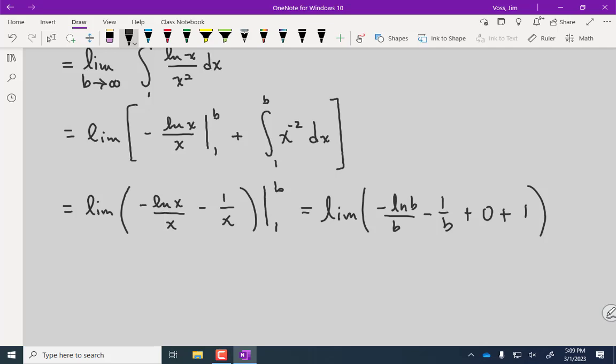Plug in the b, and you get this whole thing with the x's replaced by a b. And then remember, you're subtracting the antiderivative at 1. So subtracting means adding, in this case. And so then plugging in 1 here, natural log of 1 is 0. Plug in 1 here, we have a 1. And this limit is as b goes to infinity.